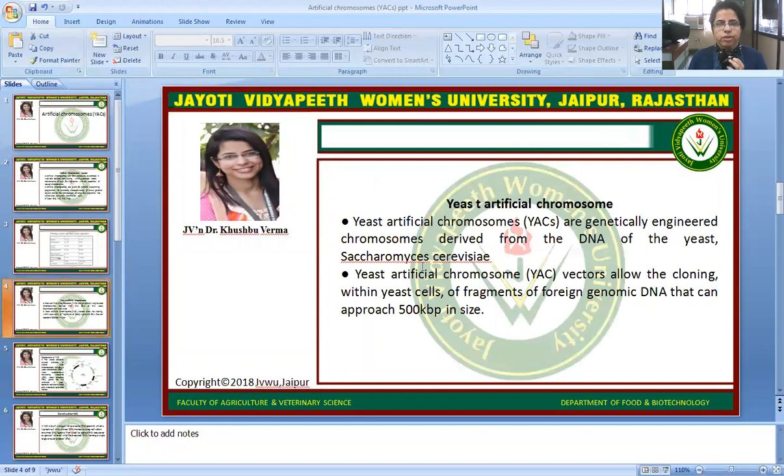Yeast artificial chromosomes, YACs, are genetically engineered chromosomes derived from the DNA of yeast Saccharomyces cerevisiae. Artificial chromosome vectors allow the cloning within yeast cells of fragments of foreign DNA that can approach 500 kilobase pair in size.